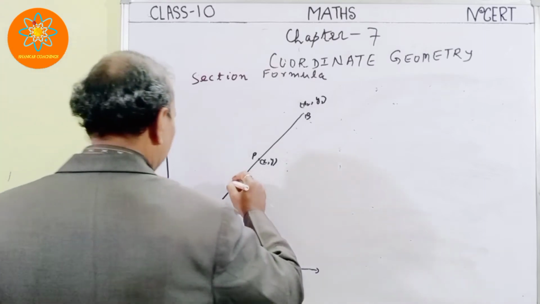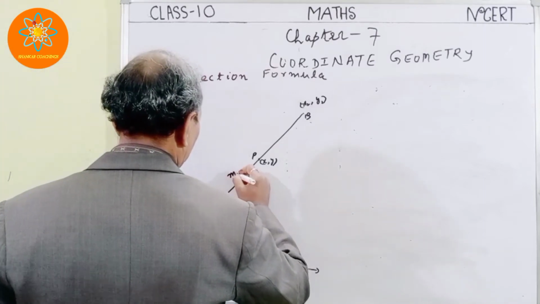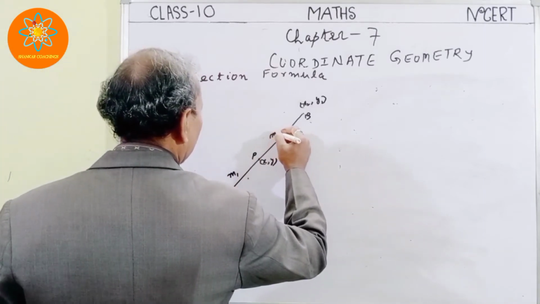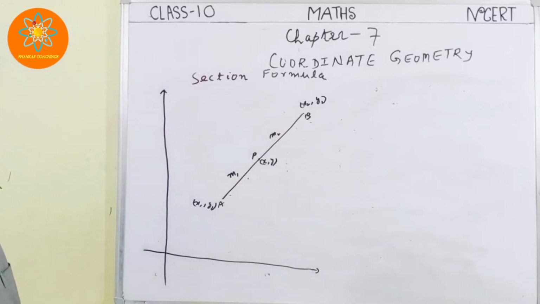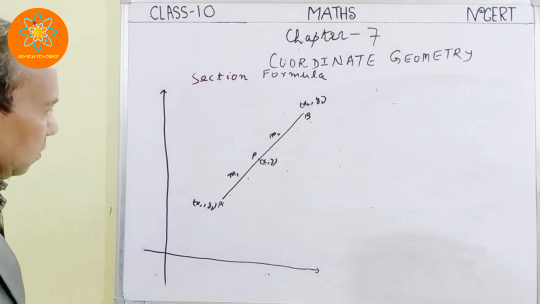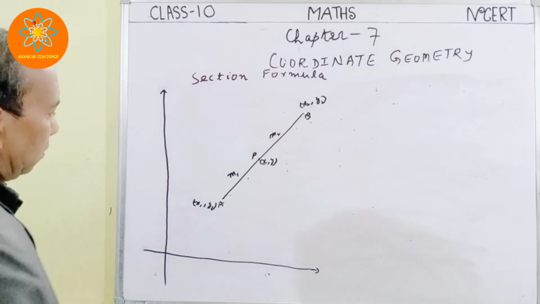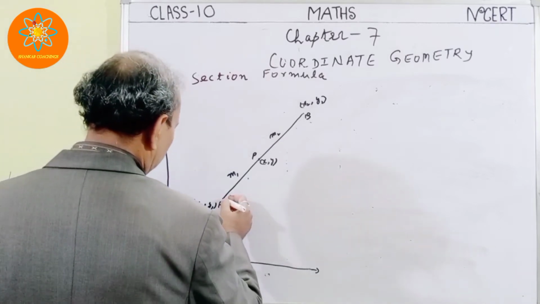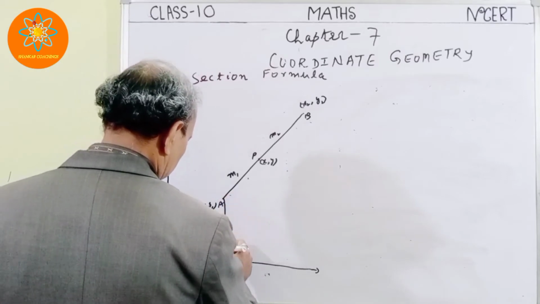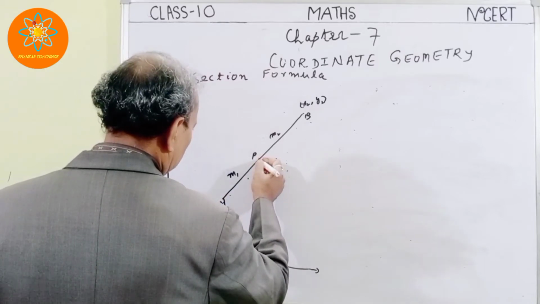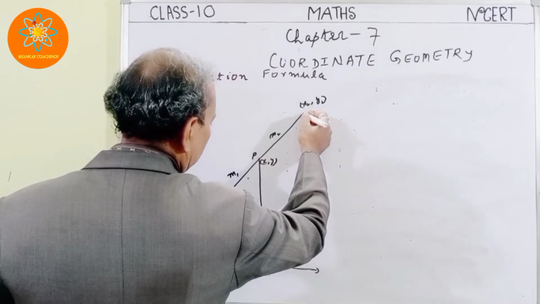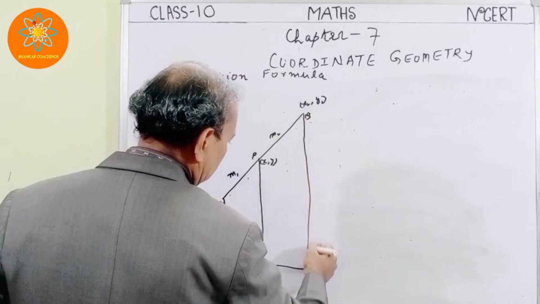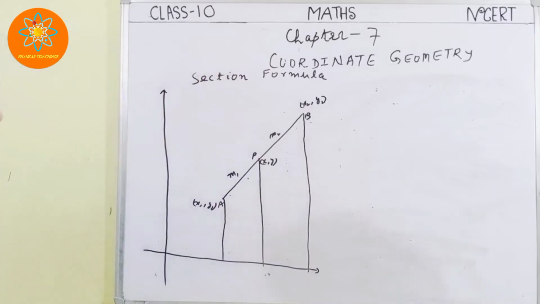Let's suppose the ratios are m1 and m2. Now, if I draw the perpendiculars, these are the perpendiculars.